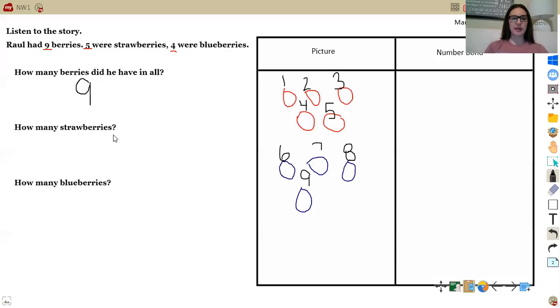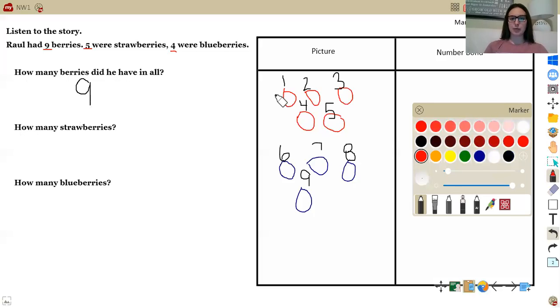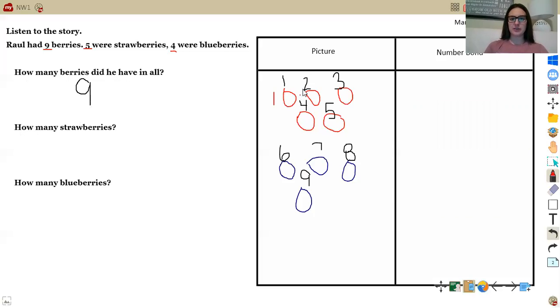How many strawberries? I'm going to use my red pen to relabel my strawberries. So let's go. 1, 2, 3, 4, 5.